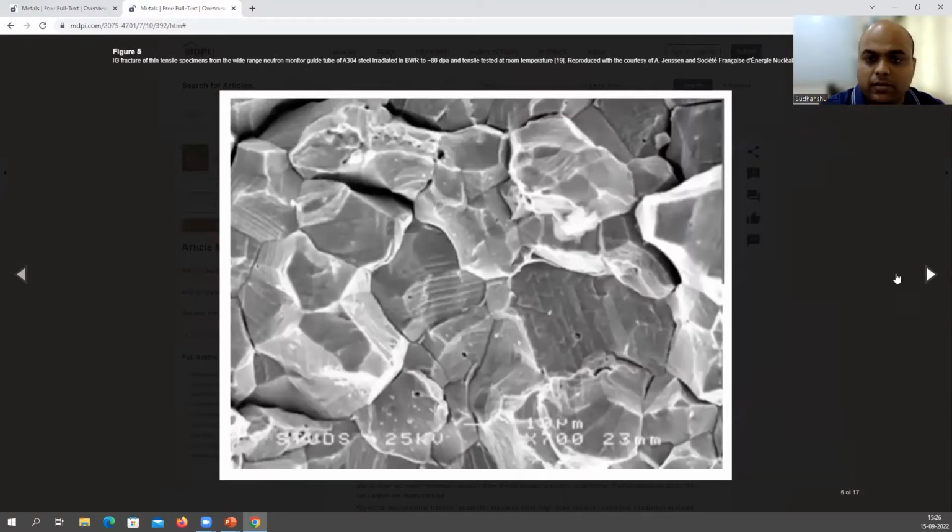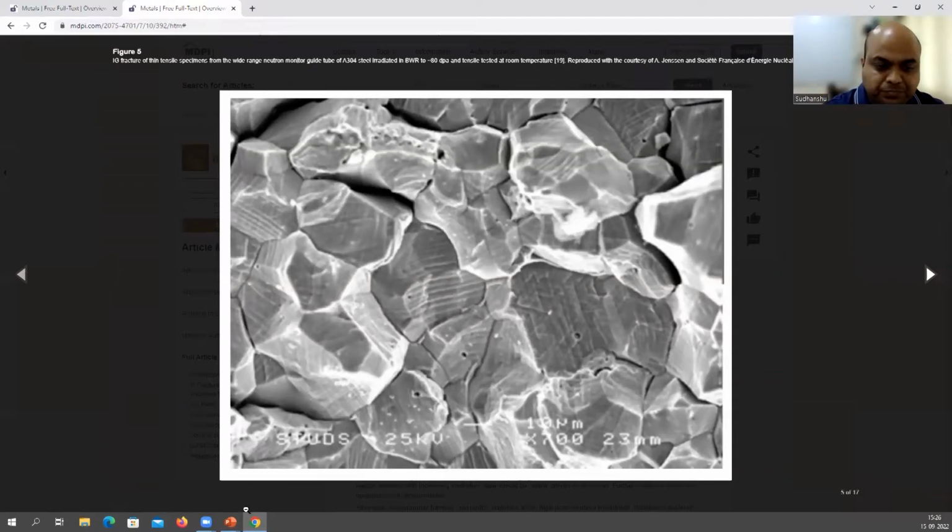So what you see here is one grain, one grain, one grain. The fracture surface is showing you the grain structure. This means that the crack has propagated along the grain boundaries. So this is typically how an intergranular fracture surface looks.